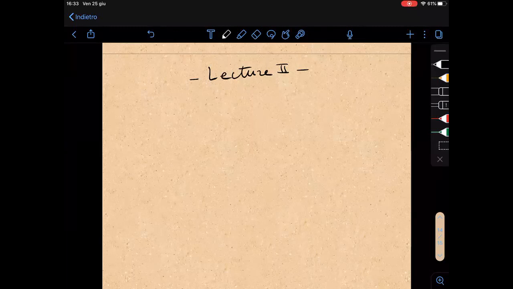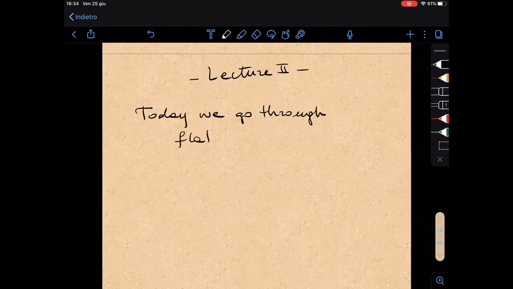Okay, the plan today is to go through the details. So we go through flat structures today, and time permitting, this is quite unusual, but time permitting, I give you some other motivation, because that part is less important.